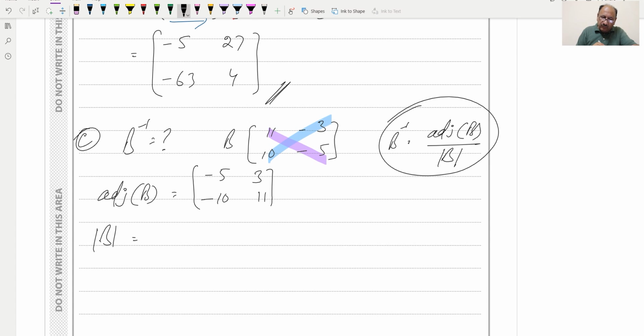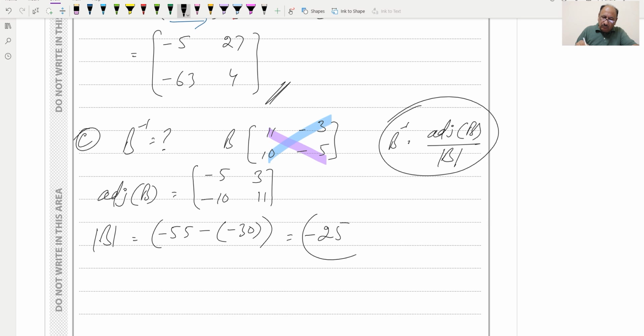For B mod we will be multiplying 11 with minus 5, so minus 55, and this will be minus into 10 minus 3 will be minus 30, and this will be equal to minus 55 and plus 30 will be minus 25.